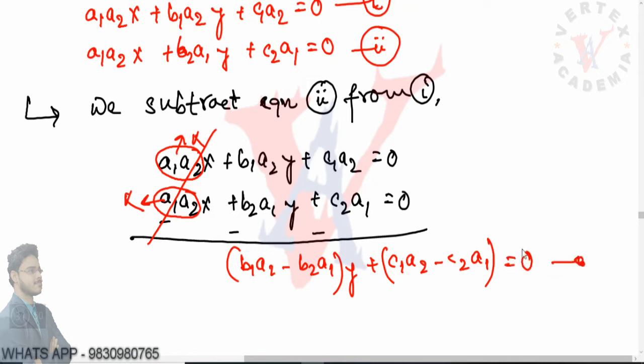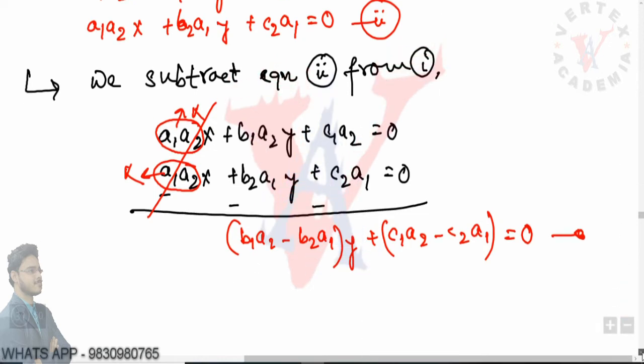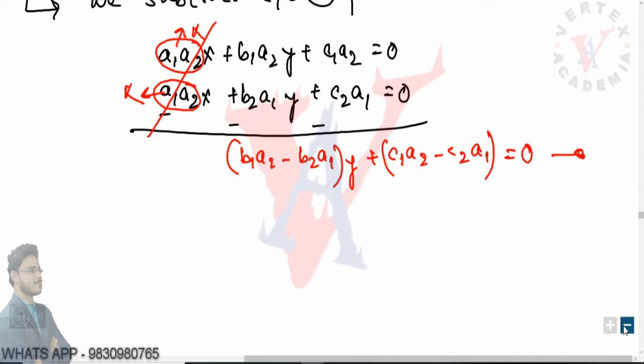Now see this. After doing all these things, what we have achieved is great. While discussing substitution, what was our main motive? Our main motive was to reach a single variable equation, a single equation in x or in y, from which I can easily get the value of x or y.